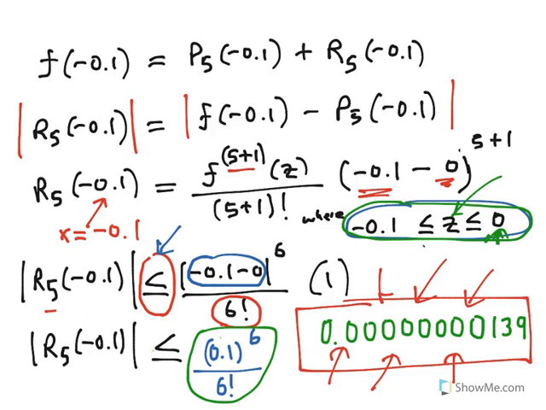And this is a very small amount. So we can be confident in the accuracy of our approximation to 8 digits after the decimal. 1, 2, 3, 4, 5, 6, 7, 8. So we have accuracy to 8 digits after the decimal in our approximation.